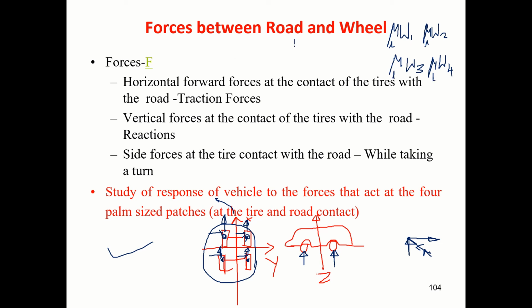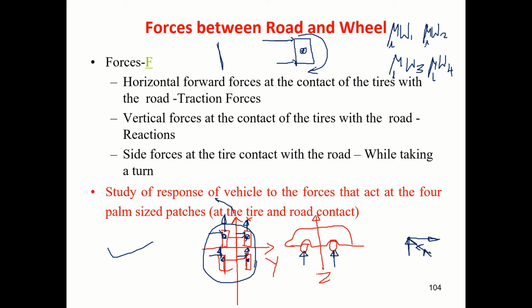So in a vehicle, if the net lateral force, let us say here is the center of gravity, if this lateral force is greater than this lateral force, it will simply yaw the vehicle.